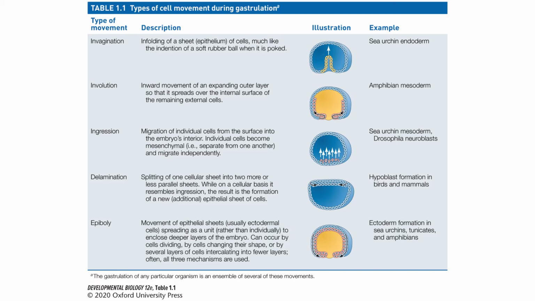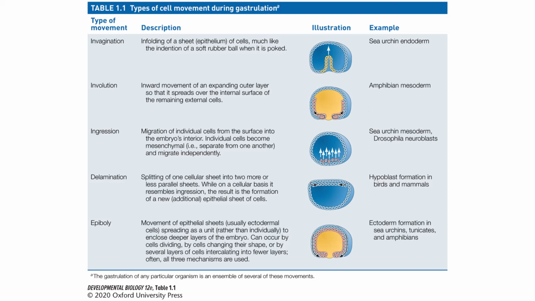And then next, you have the ingression. This is the migration of individual cells from the surface into the embryo's interior. The individual cells become mesenchymal and migrate independently. This can be found in sea urchin mesoderm and the Drosophila neuroblast.